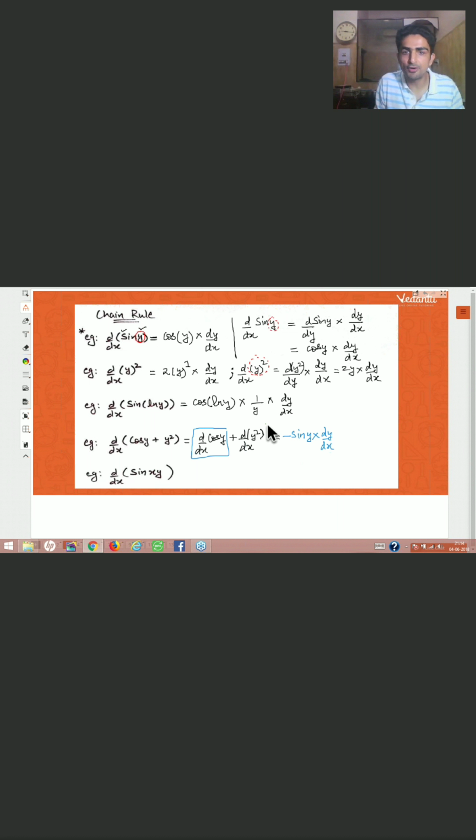Now what is the derivative of y square? First you differentiate the square, that is 2 into y, then the derivative of y, the inside term, like that. This is your answer. So that is how primarily chain rule works. It goes on inside.